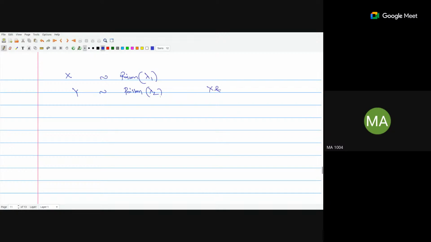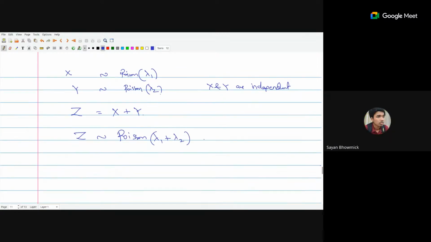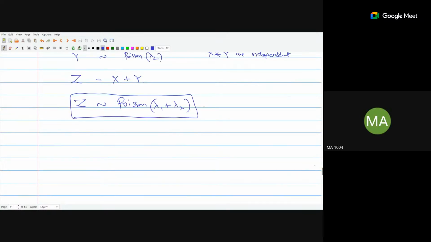If I have the condition that X and Y are independent, just independent, not identically distributed, so lambda 1 need not equal lambda 2, and I look at Z, which is X plus Y, then Z follows Poisson lambda 1 plus lambda 2. This is proven in the lecture, I guess. Go back to the lecture; in the first couple of sessions we proved this.